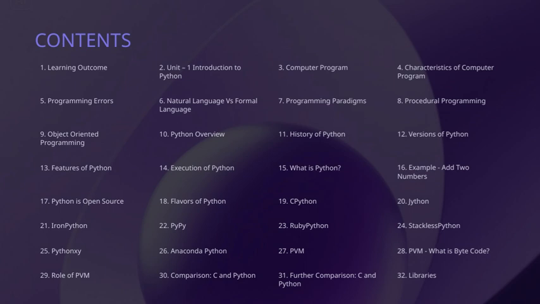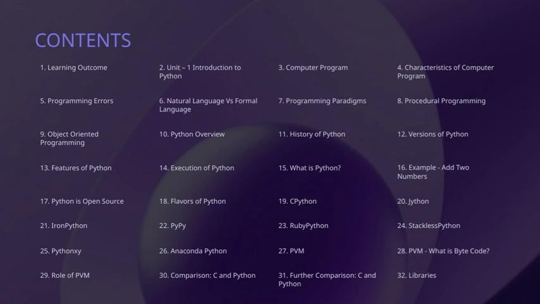We then see Features of Python, which include things like easy syntax, dynamic typing, and extensive libraries, features that make Python user-friendly and powerful. Object-oriented programming is another key concept, highlighting Python's support for OOP principles such as encapsulation, inheritance, and polymorphism. This paradigm helps us write modular and reusable code.